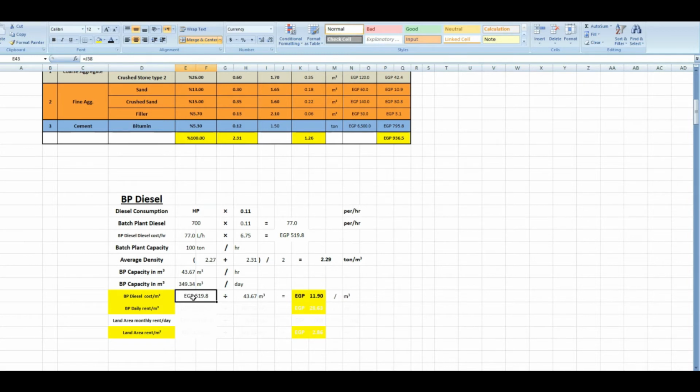The cost of diesel of the batch plant per hour over the production of the batch plant in meter cubic per hour, it means that consumption cost per hour by diesel over the production of batch plant in hour equal 11.9. This is the cost of diesel of batch plant loaded on the meter cubic.